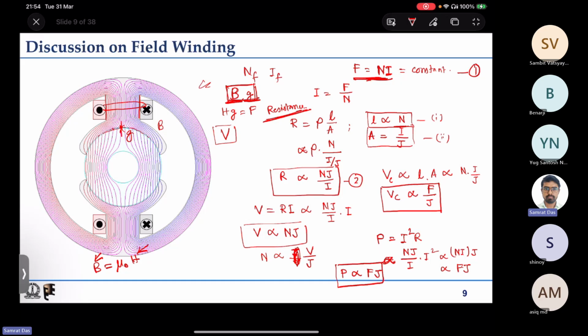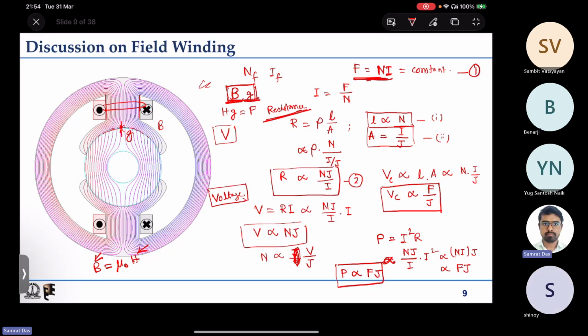Now we have some voltage constraint also, because we have to supply the winding from some voltage source, and once we have selected a voltage source, say 230 volt or 200 volt, no matter what, we cannot go beyond that voltage, and the windings have to be insulated. So once we decide on the voltage, we decide on the insulation class of the winding also.